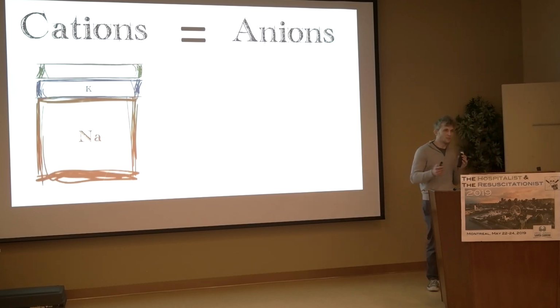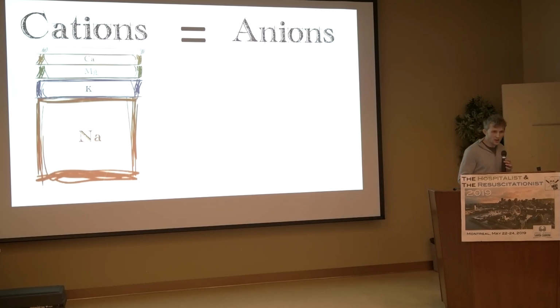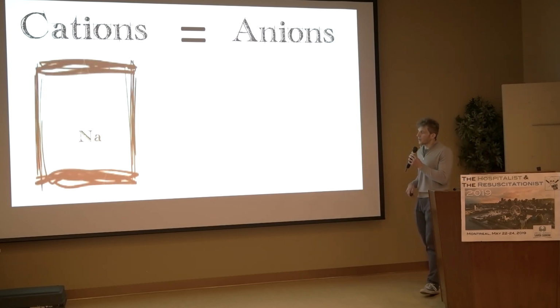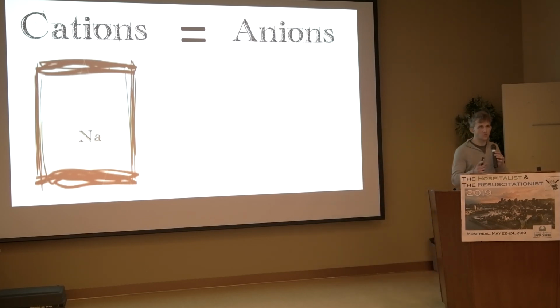Calcium, potassium, magnesium, and then you have a tiny bit of hydrogen up there at the top, right? And so your cations have to equal your anions, right? And to make this simple, we say that it's just sodium, because the other ones don't have a clinical status. Most of the time, you can just calculate your sodium as your cations and ignore the rest. And this has to equal your anions, right?